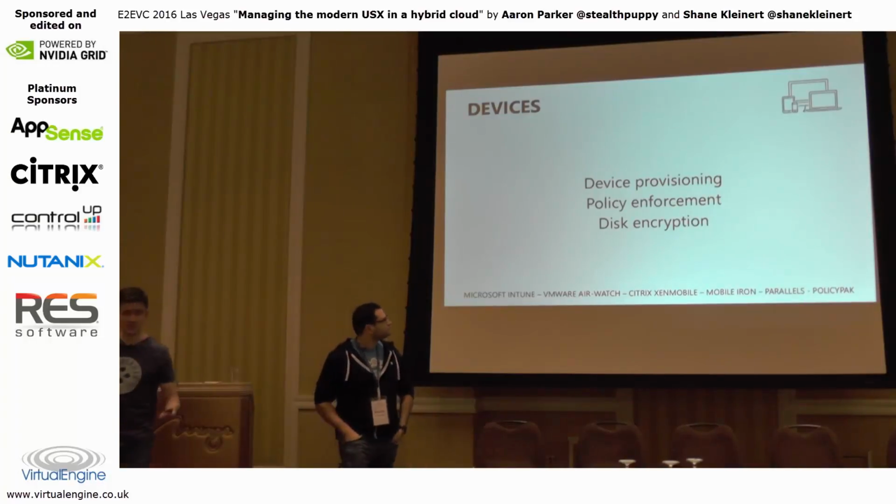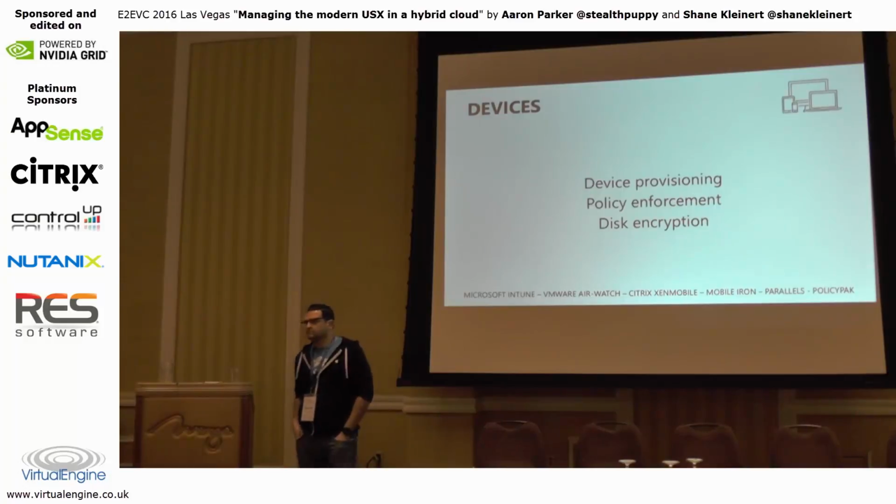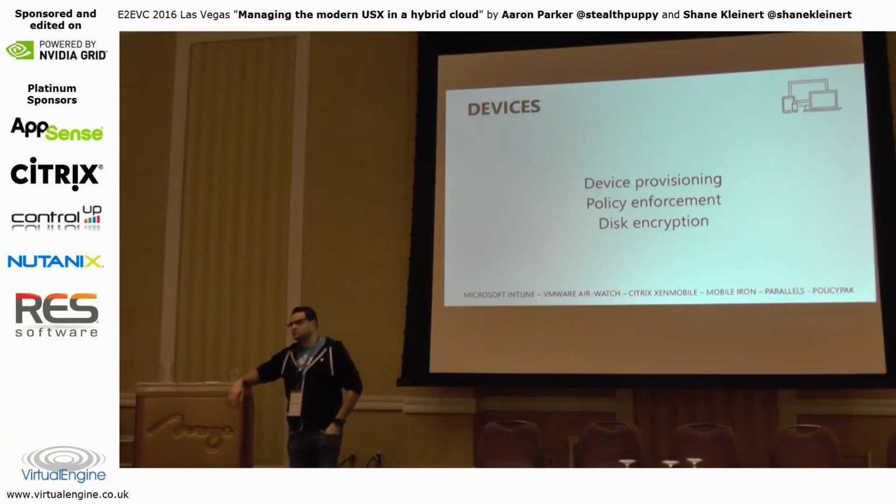And I can do that similarly from an OS 10 perspective. Machine level policy enforcement: if you're still tied to group policy, there's an interesting solution called Policy Pack that can actually deliver group policy from the cloud, even to non-domain joined machines, which is kind of weird.